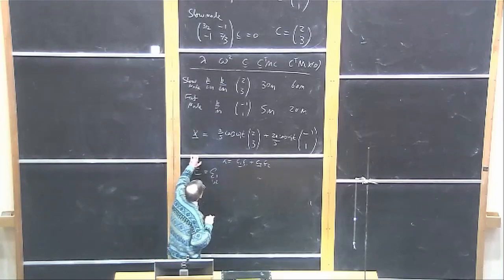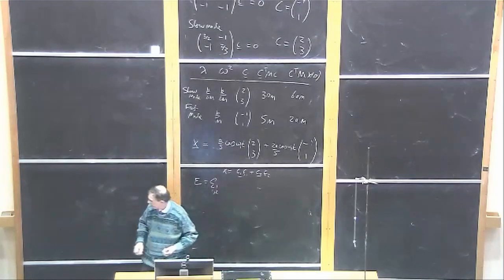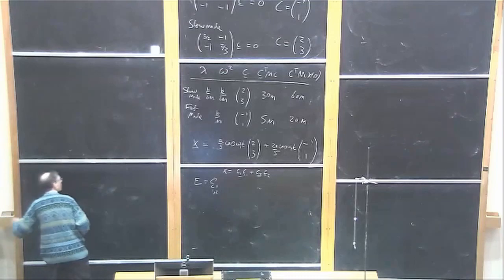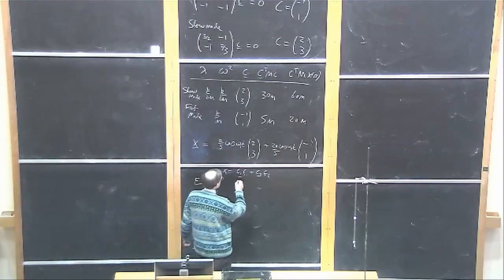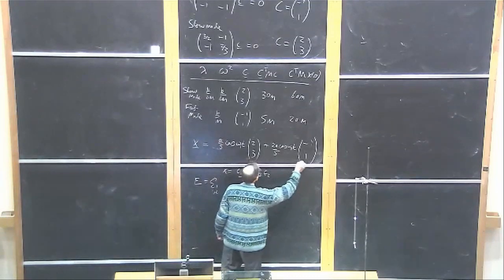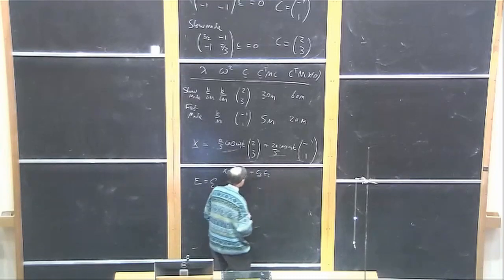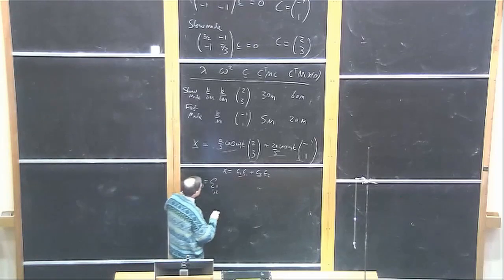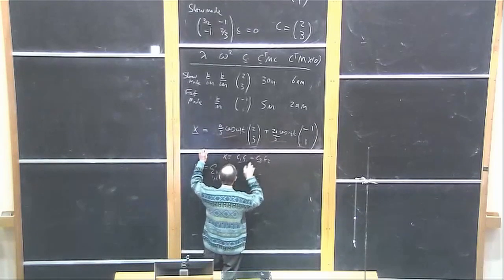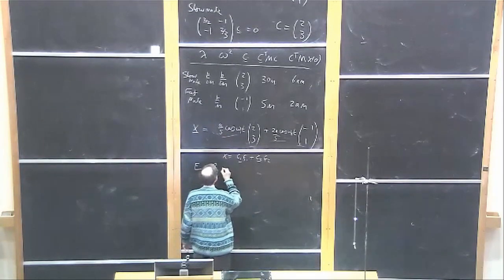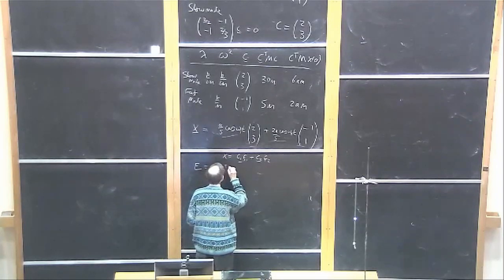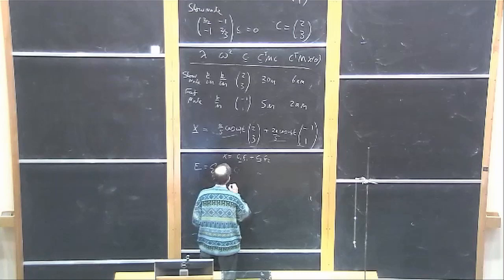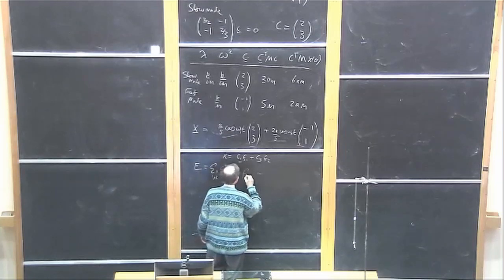So here, that's C, and this bit here is F. And so that is C I transpose K C I F I squared.